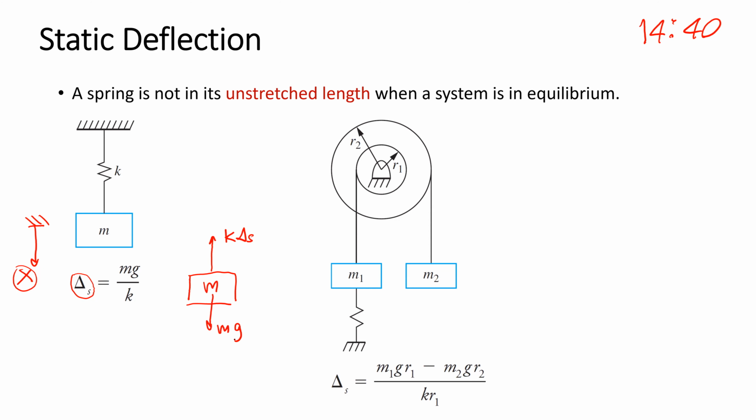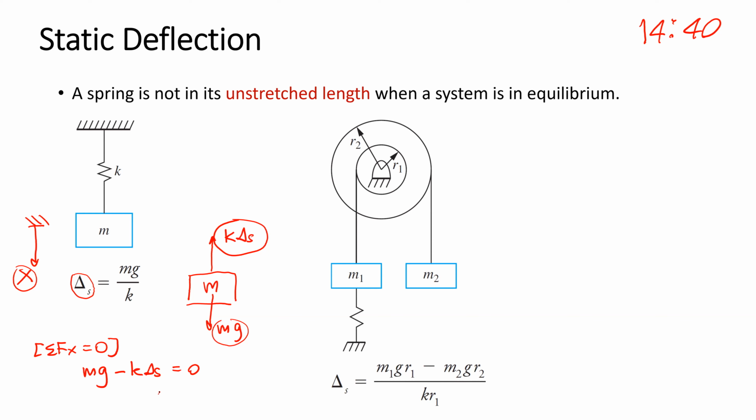And this should be in the static equilibrium, which means the summation of F in the x direction needs to equal 0. The positive x direction, mg, the negative in the upward, k delta s. Static equilibrium equals 0.